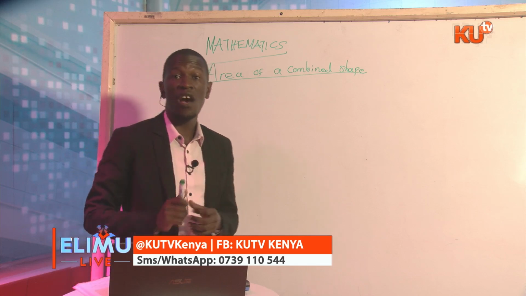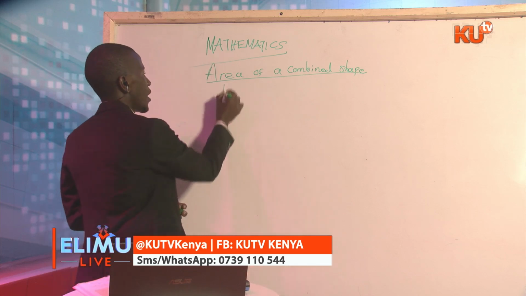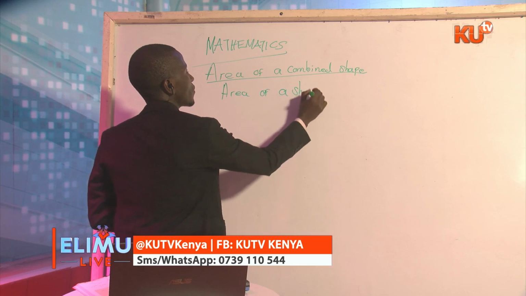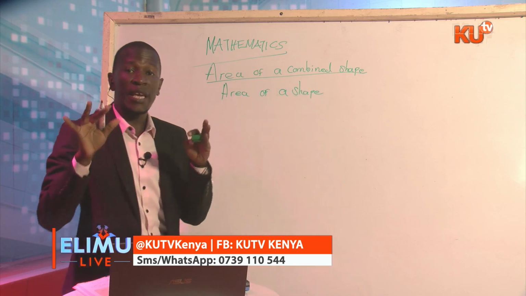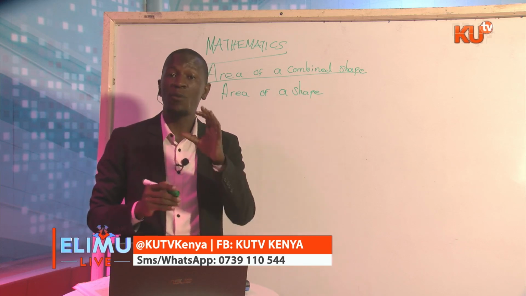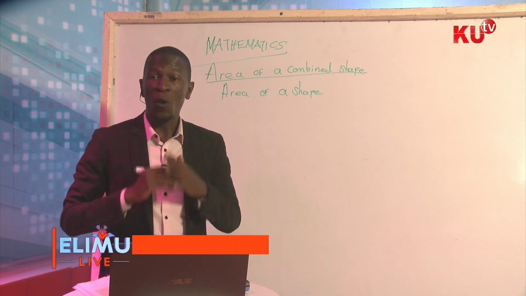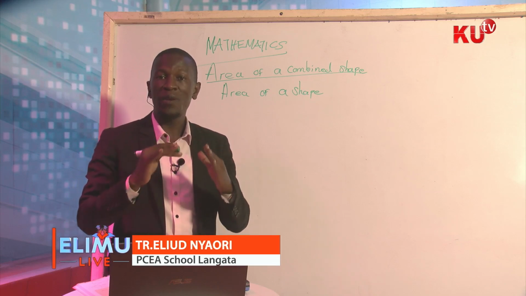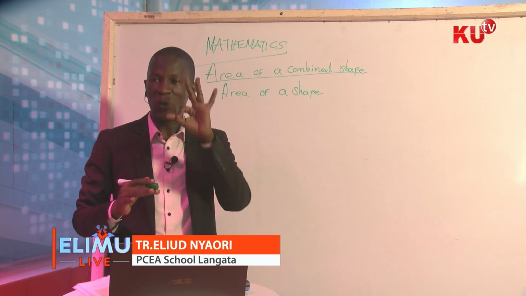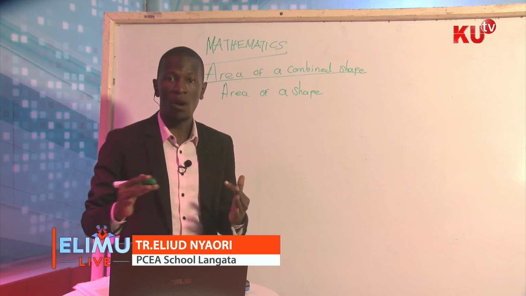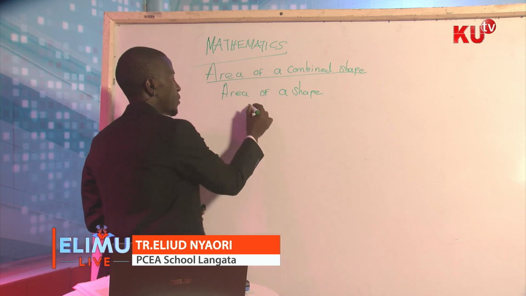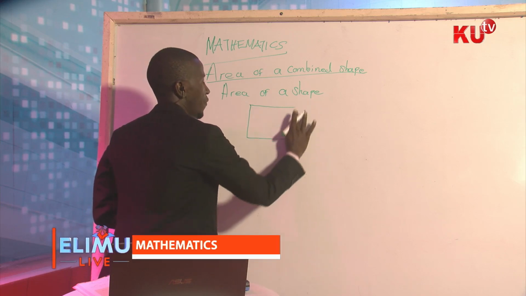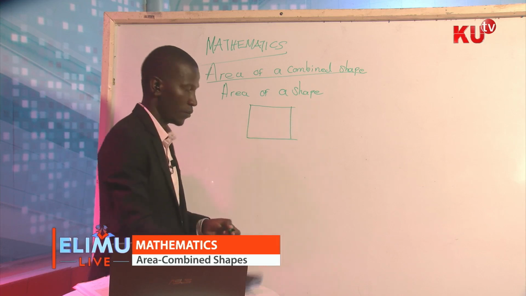So I'll start with the area of a square. Before you find the area of a square, you need to understand some of the properties of a square. I want to believe you are aware that in a square, all sides are equal. It simply means a square has 4 sides, and these 4 sides are equal. For instance, if I have this as my shape, it brings out the shape of the square.